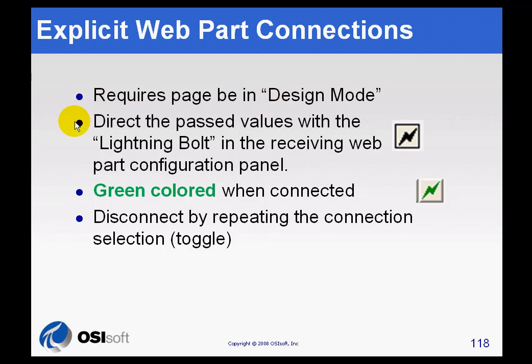We're basically going to pass values, and we're going to use this little black lightning bolt on the receiving web part, indicating we're going to configure a connection. When it's actually connected, it changes green. And of course, you can indicate connected or not by toggling these on and off. So in the coming exercises, we're going to take a look at demonstrations and exercises.